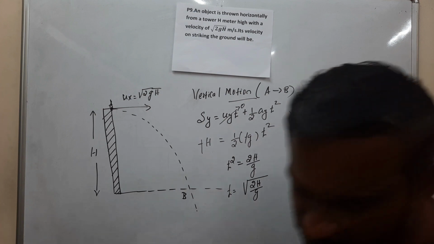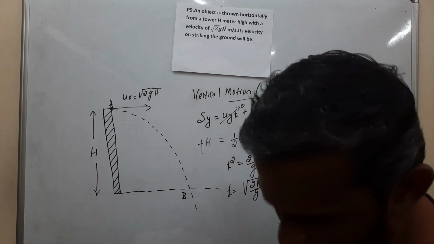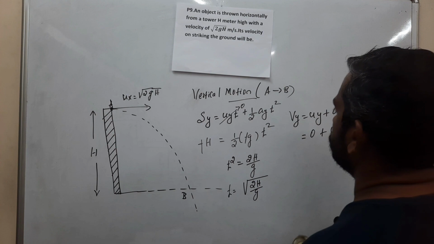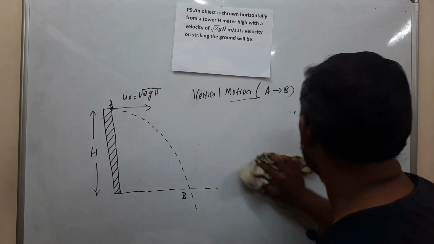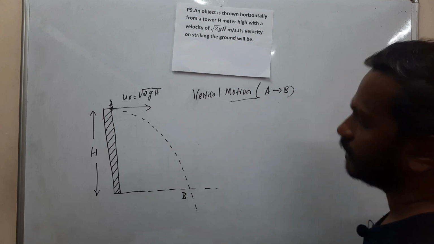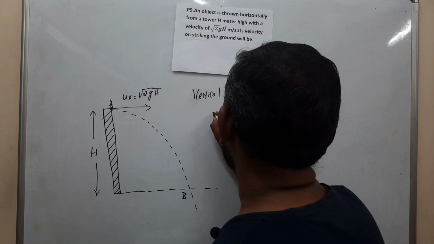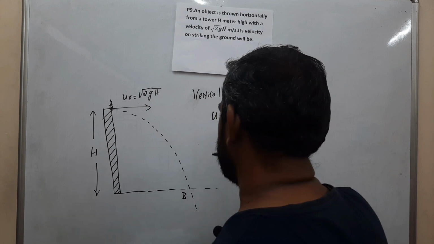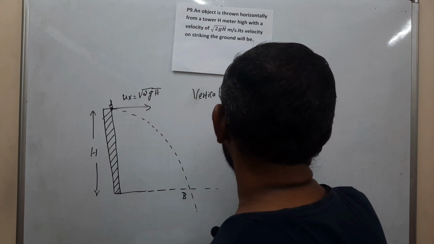Otherwise, we can find it in another way, as time of flight is complicated. So what is the initial velocity? That is ux, equal to root of 2gh.